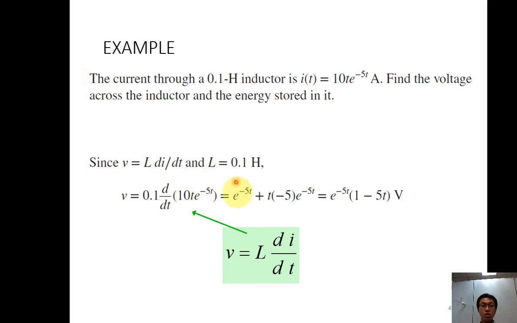I do some differentiation. First I differentiate the time, second I differentiate the exponential. Just mathematics. Then I find that the final value is like this. This is how it works.